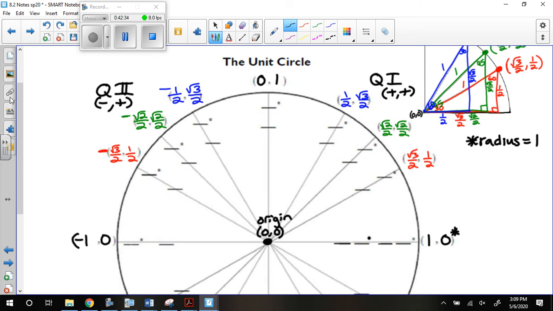I want you to notice it counts 0, 1 on the top, 2 on the top, 3 on the top. Only the 2 and the 3 have the square roots because the square root of 1 is just 1, and the square root of 0 is 0. And the denominator, no matter what, in all of these fractions is a 2. Let me get rid of those stars.